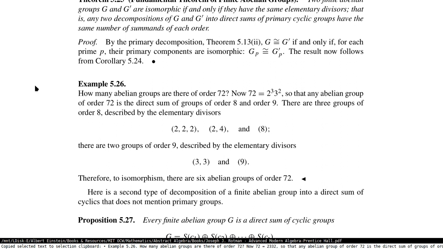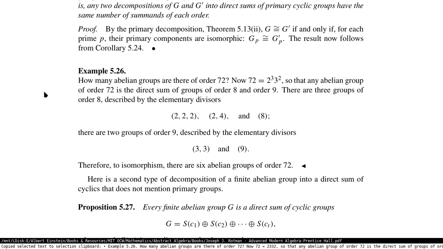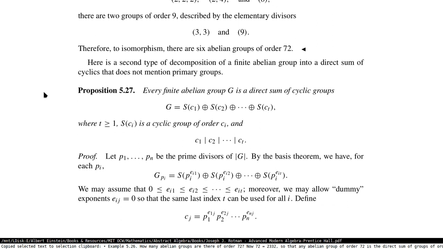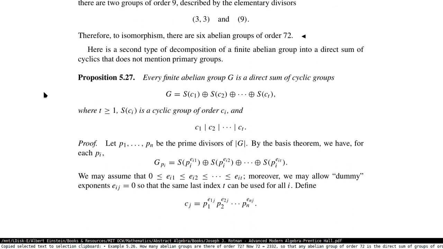After this, he goes on to do a second type of decomposition. Of course, he has a lot of time, a 1,000 page book, so he can do anything. Just reading the statement of Proposition 5.27 gives the idea of what this other way of breaking it down is: you can also write it as the direct sum of cyclic groups where the orders divide in this way.